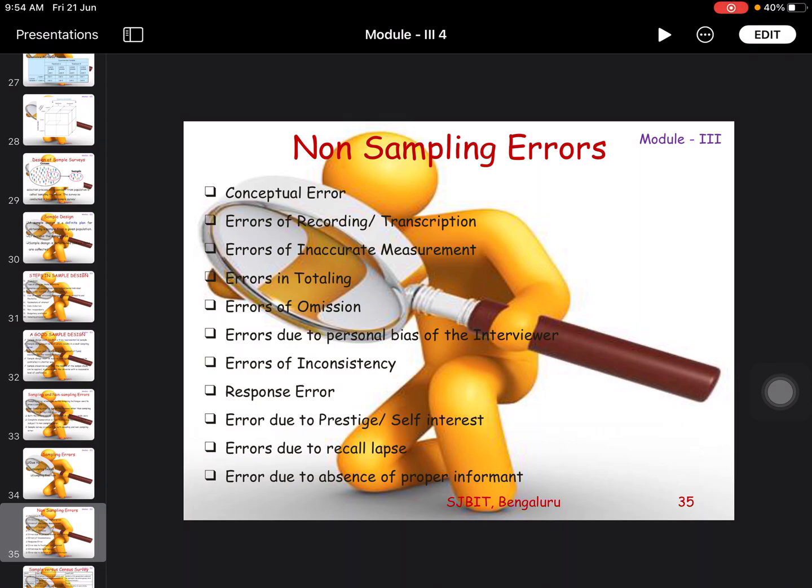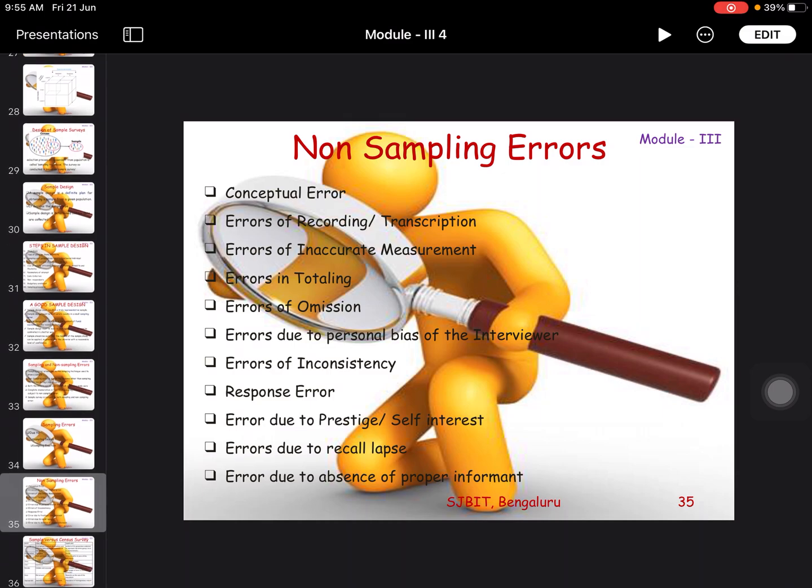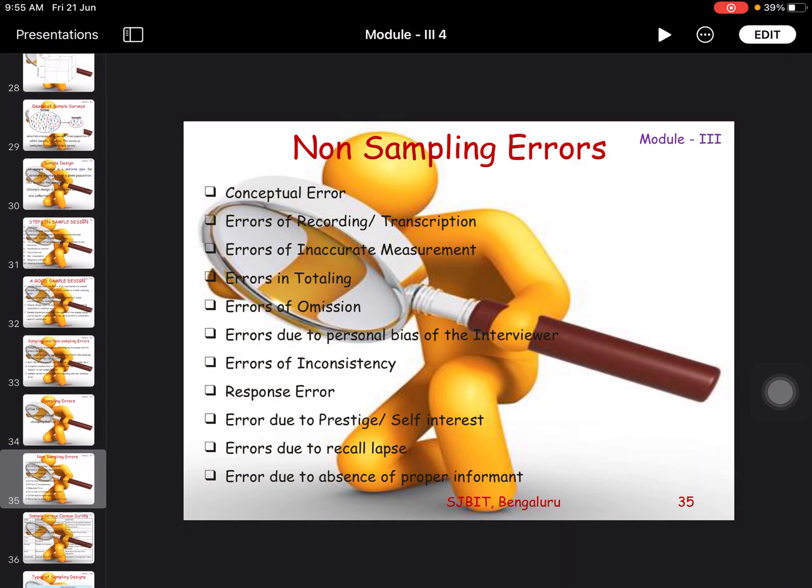Inaccurate measurement is one of the causes, and sometimes skipping of the measurement, skipping of the monitoring of the readings, will also cause errors, and also personal bias of the interviewer, inconsistency, some self-interest or prestige, recall lapse, and absence of a proper informant.